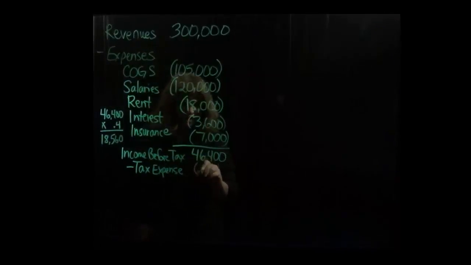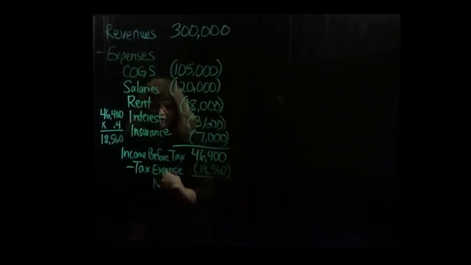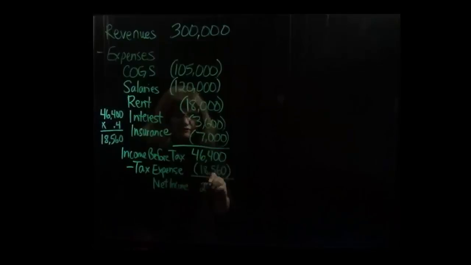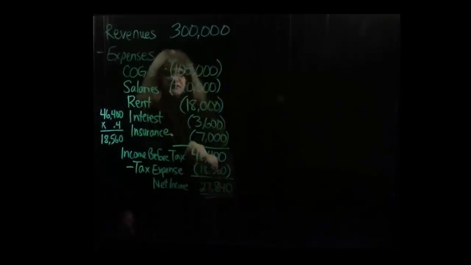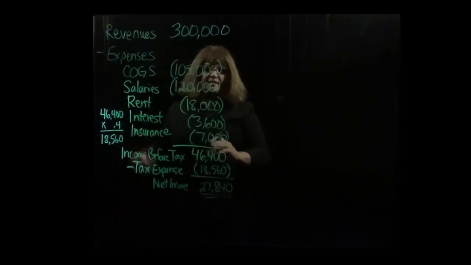And when we subtract that from the $46,400, that's going to leave us with net income of $27,840. So that's the first part of the problem, calculating net income.